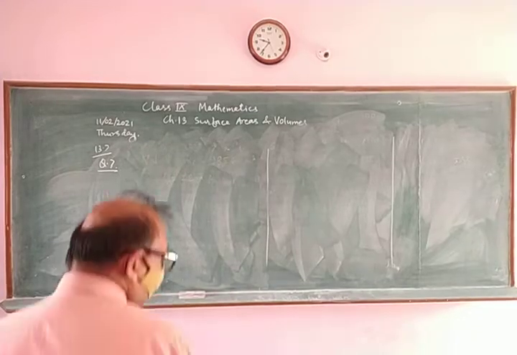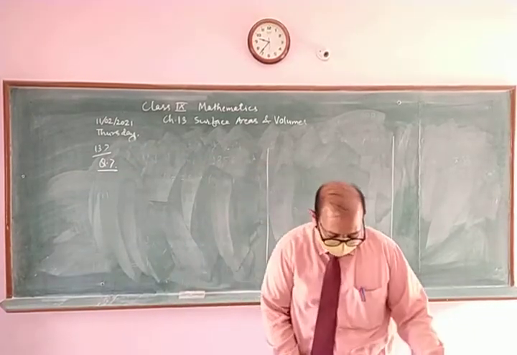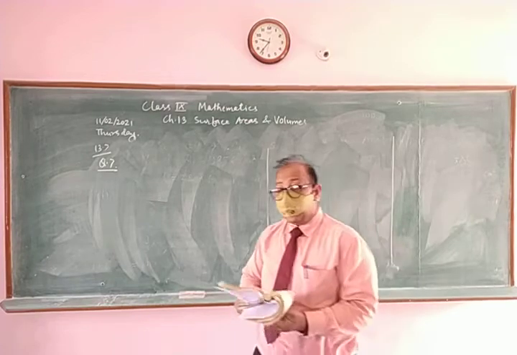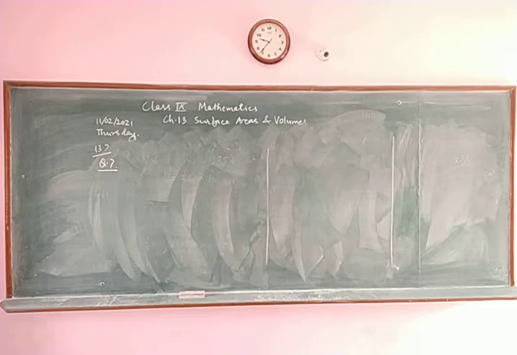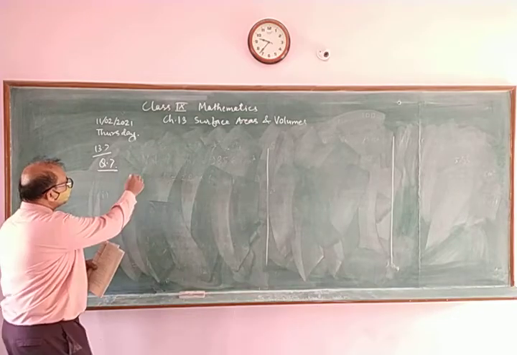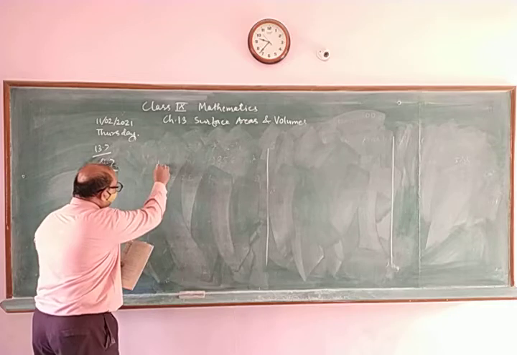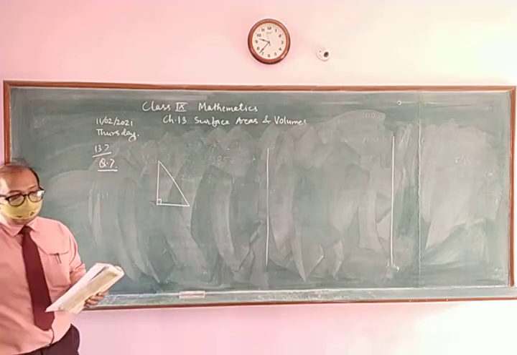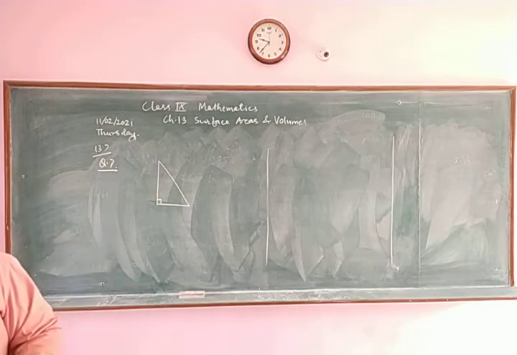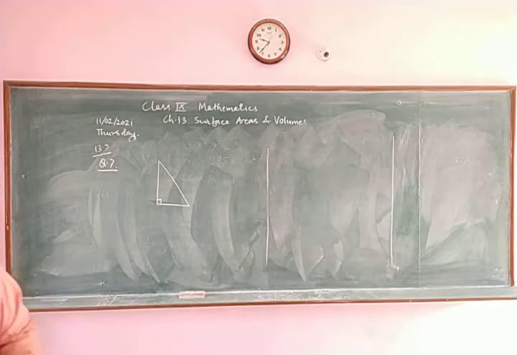Now we are solving the question number 7. Question 7 is a right triangle ABC with sides of 5 centimeter, 12 centimeter and 13 centimeter. And it is revolved about the side 12 centimeter. Means, look here. This is the right triangle. You know that in the right triangle, the hypotenuse is the longest side.